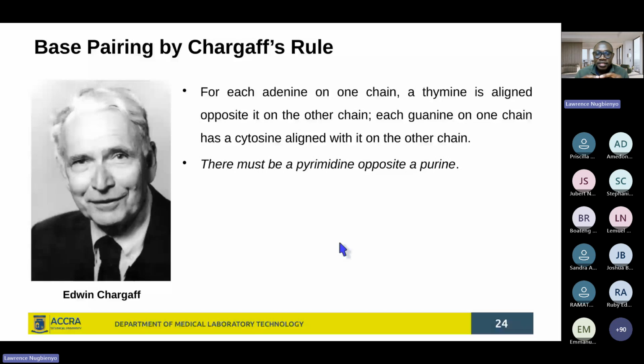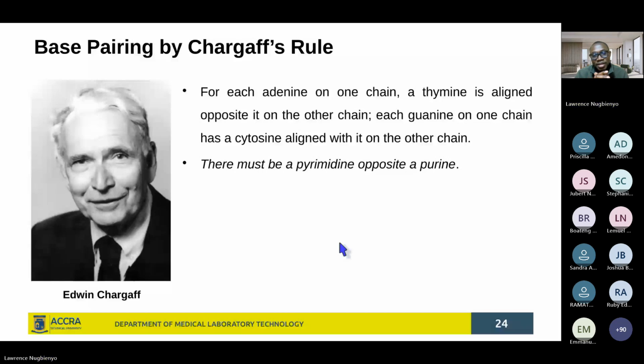But DNA is double-stranded. It has 2 strands of nucleic acids.